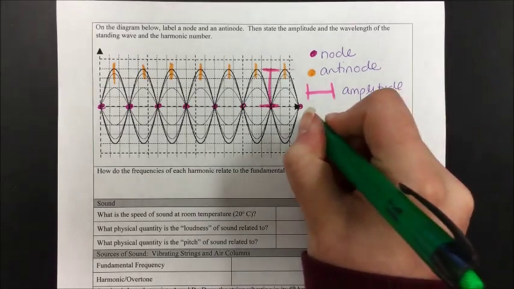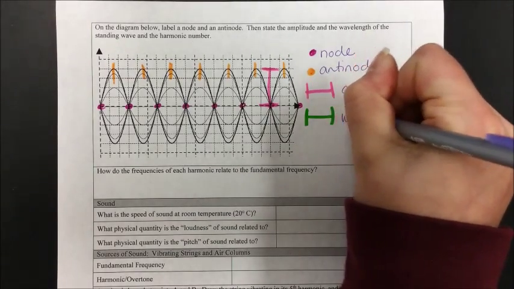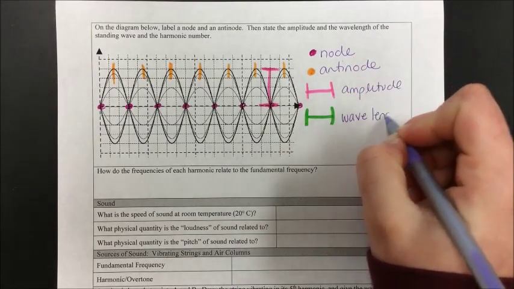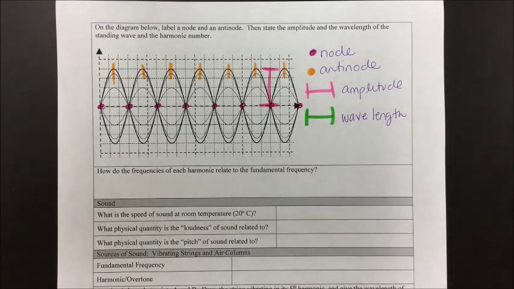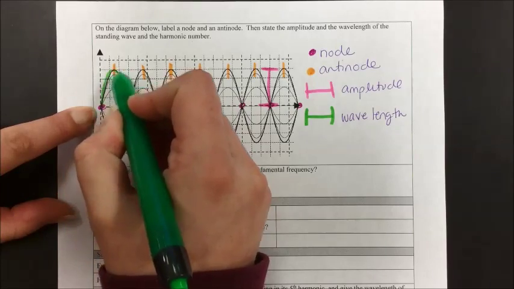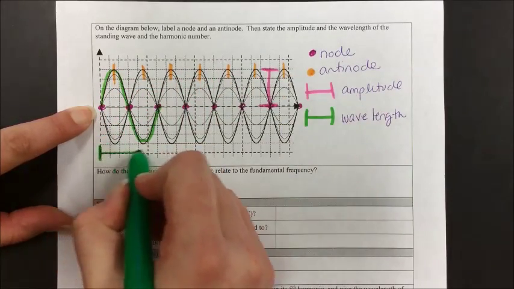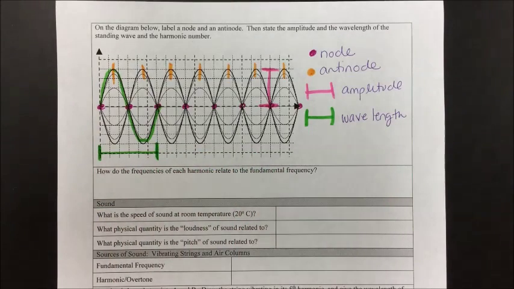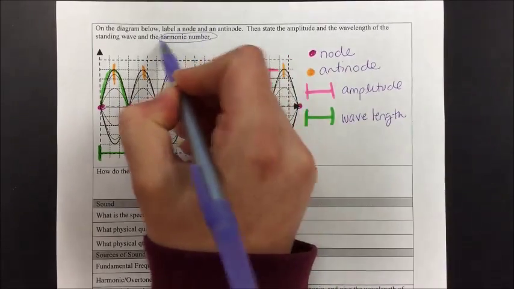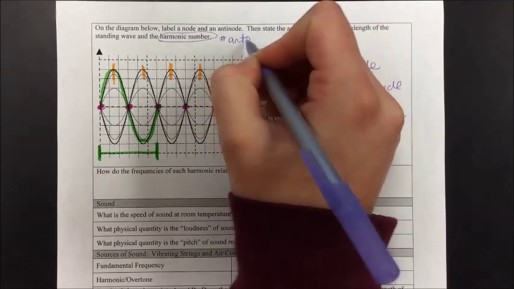And then we'll do the wavelength. So here we have our one wave, and then it starts repeating itself. So here is our wavelength. Now we can identify which harmonic this is by counting the number of antinodes.